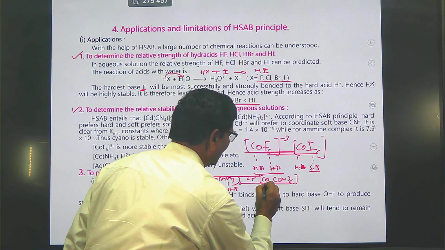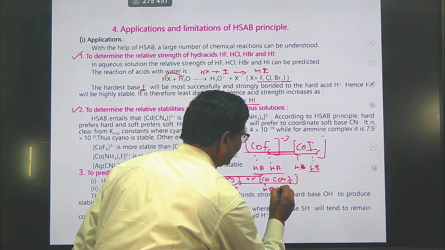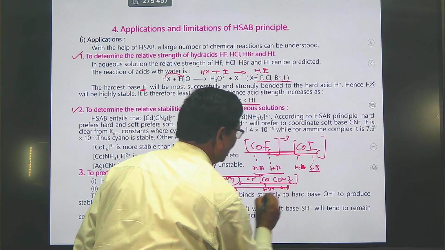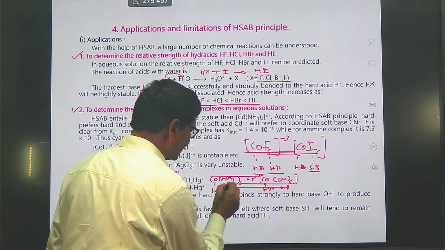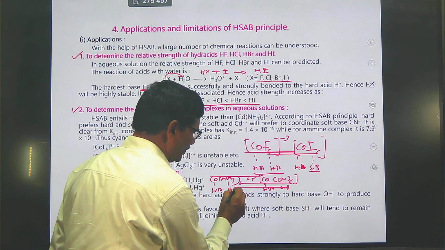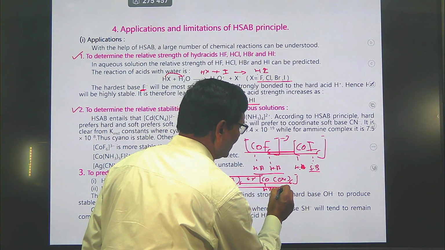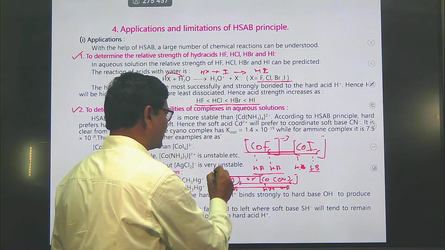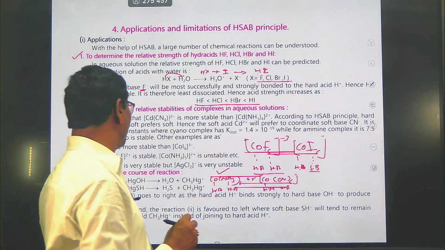In the other, cobalt is a hard acid and cyanide is the soft base, so the combination is odd. The rule is that a hard acid always combines with a hard base, and a hard acid does not allow combination with a soft base. That's why the [Co(NH3)6] complex becomes very stable because it obeys the Pearson rule.